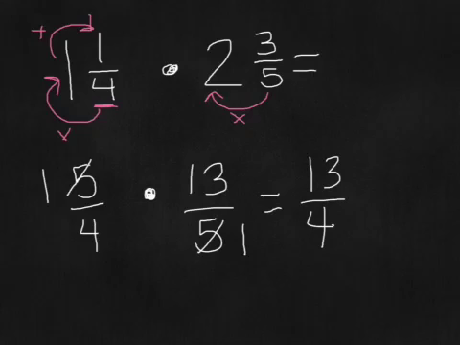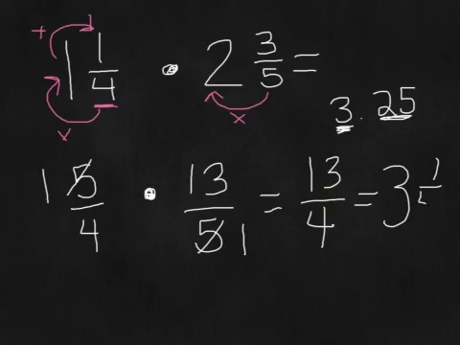If I go ahead and put that into my calculator, 13 divided by 4, you will come up with the answer of 3.25. That means I have a whole number 3 and 25 hundredths. 25 over 100 simplifies to 1/4 if your fraction does not do calculators.